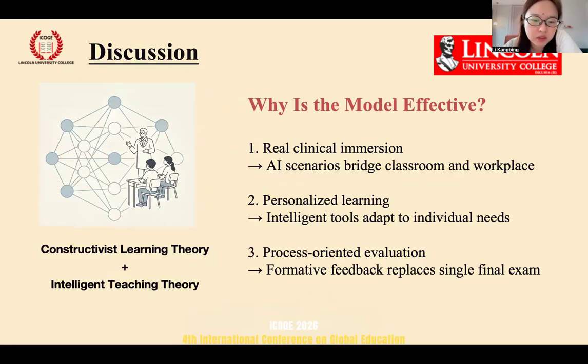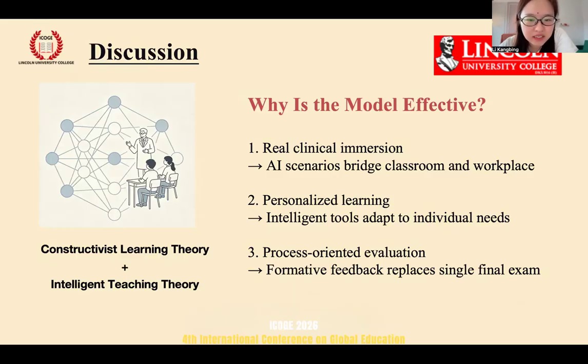So let me take a moment to explain why this model is effective. There are three main reasons in my research. First, real clinical immersion. AI scenarios bridge the gap between the classroom and the workplace. Students are no longer just memorizing words, they are actually using English in realistic clinical situations.